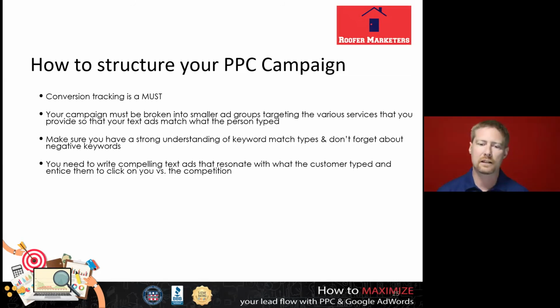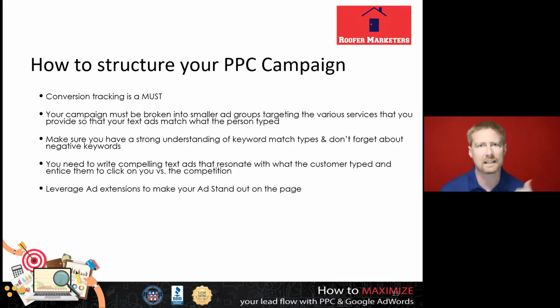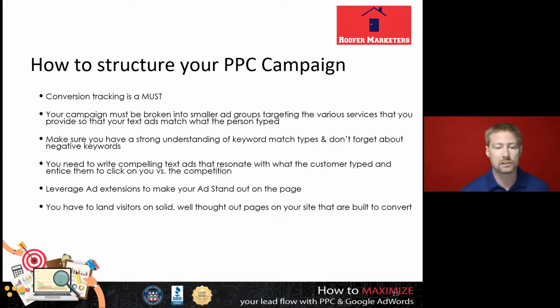So you have to have that congruency and compelling ad text, kind of bragging about your company, the best metal roofing company in your city, state, things like that encourage them to click, maybe having special offers in your callouts and things like that, site extensions. You want to leverage your ad extensions to make your ad stand out on the page and take up more real estate on the page.